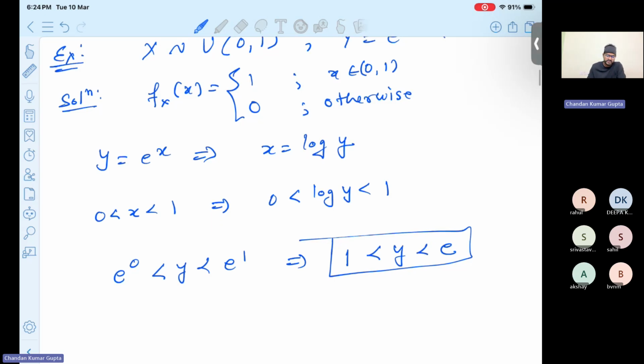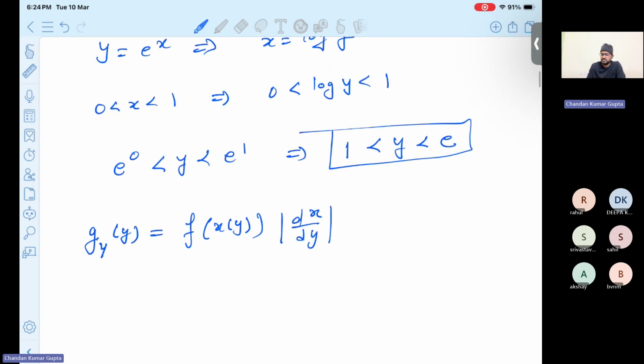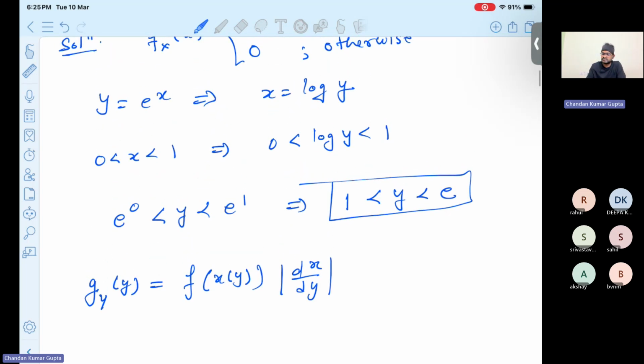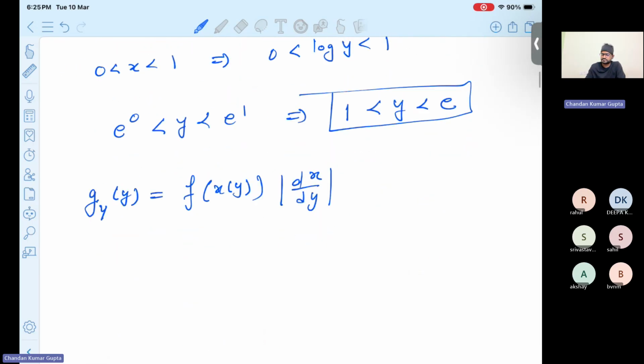Now we can calculate the PDF of y, which is a function of x times dx upon dy. Let me also evaluate dx upon dy. Here x is equal to log y, so obviously dx upon dy is nothing but 1 by y. Simple.